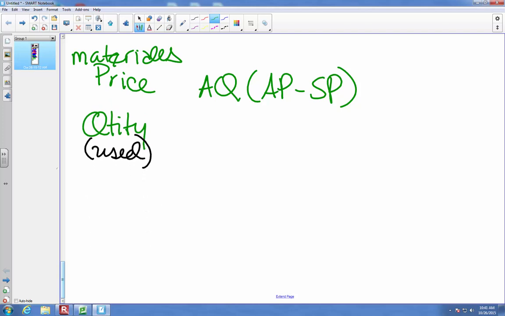So I guess you're just going to cross out quantity and write price. And here's how you remember this. Whatever the variance is you're trying to analyze, that's what you isolate in the parentheses.